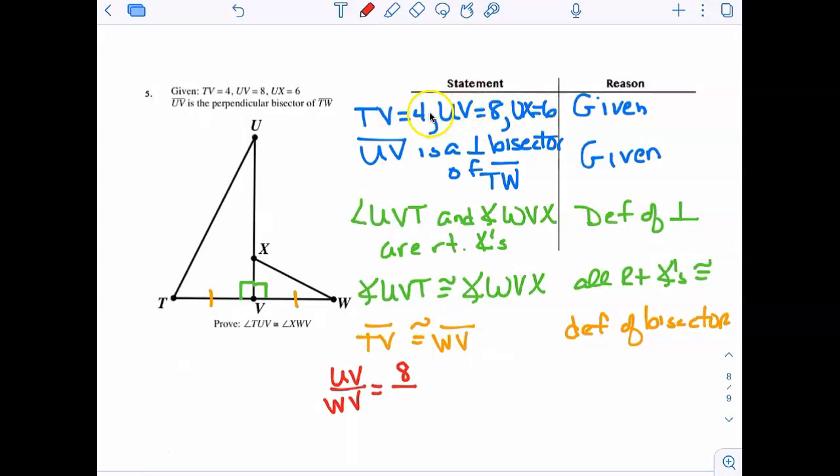We're not told what WV is. However, we're told that TV is 4, and we know that this is bisecting that side, so WV should be 4.